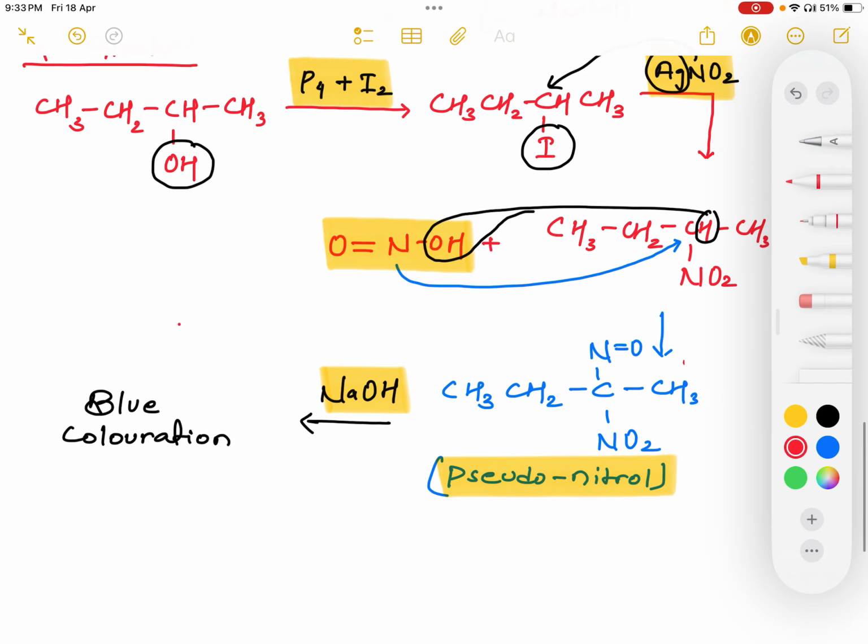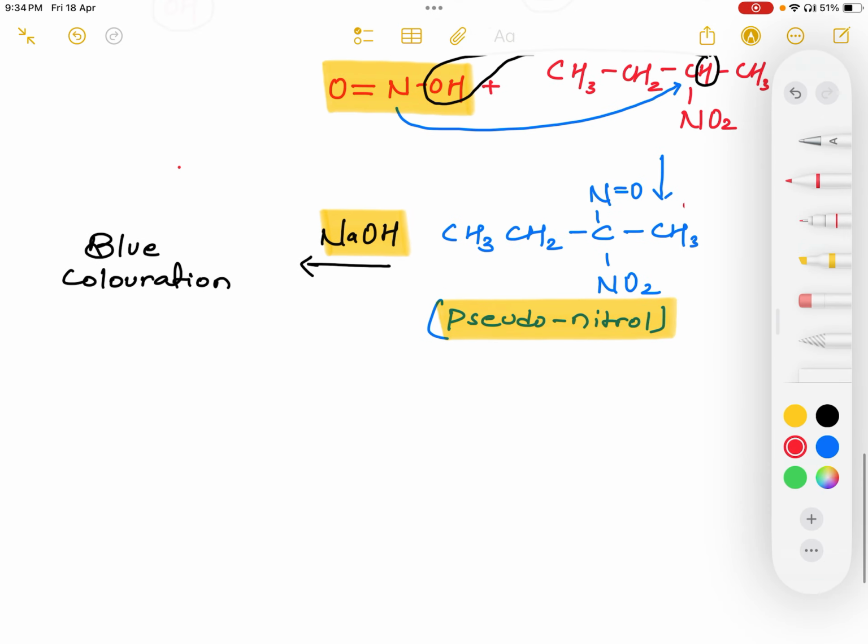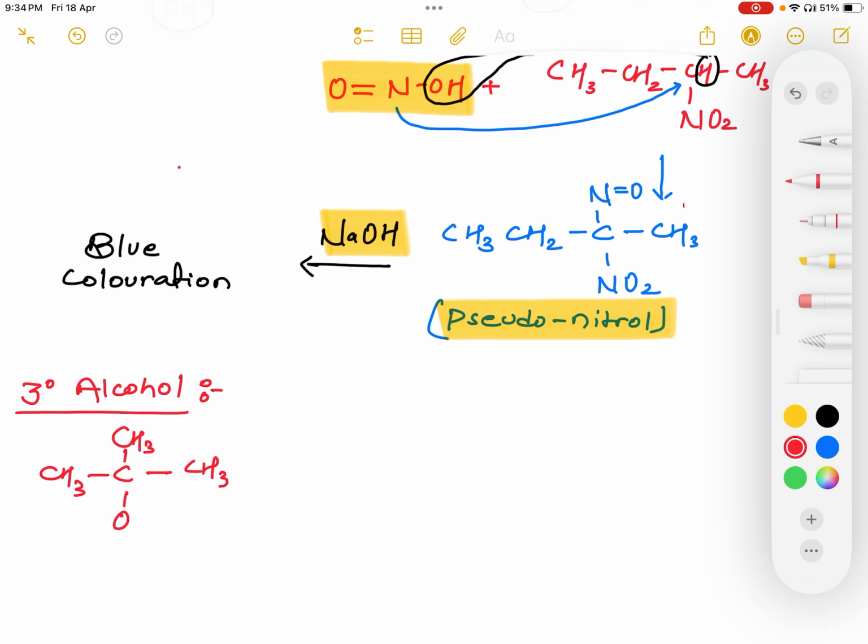Now let's identify how to identify 3-degree alcohol. Let's move on to the next reaction for 3-degree alcohol. So what exactly was there? We can have CH3, CH3, CH3, and an OH group right there.